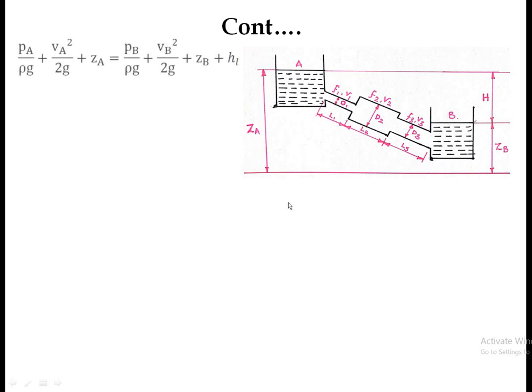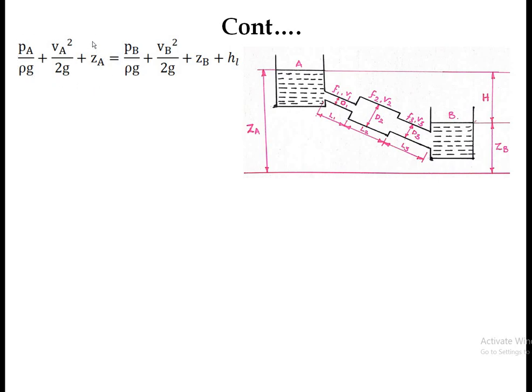Again, to derive or understand the mathematical equation for this situation, we need to apply the modified Bernoulli's equation between these two sections, A and B. So the modified Bernoulli's equation is PA upon rho G plus VA square upon 2G plus ZA.